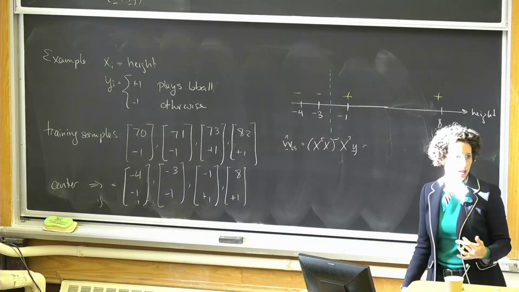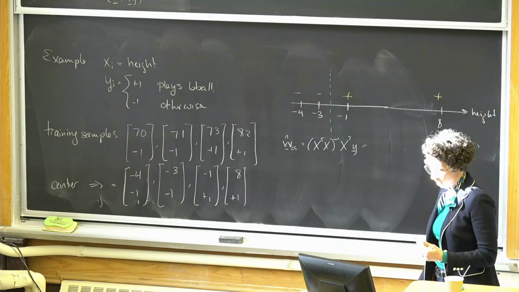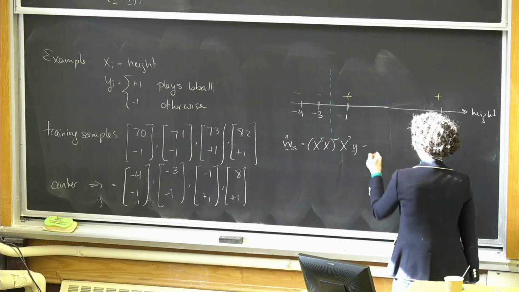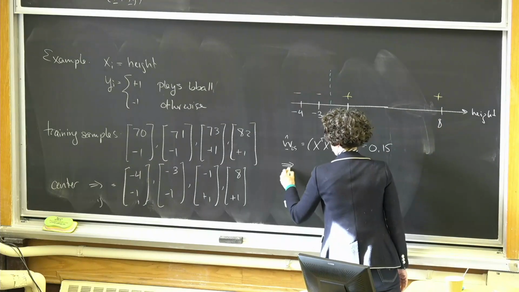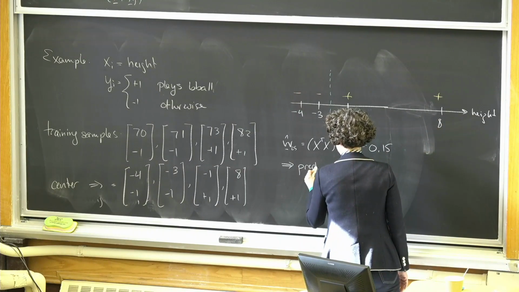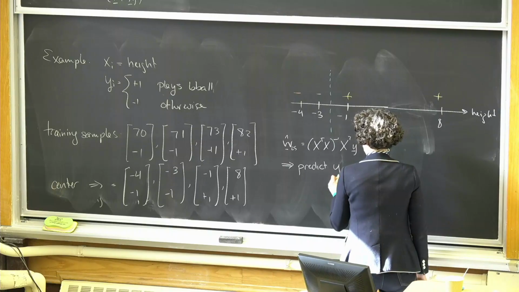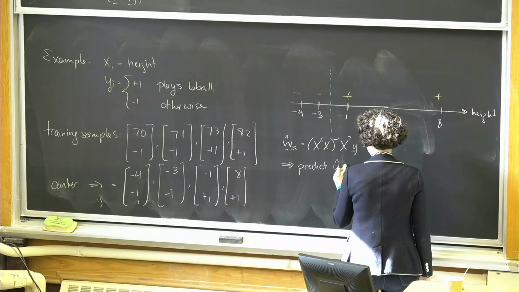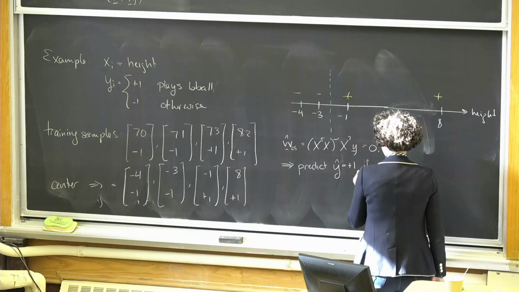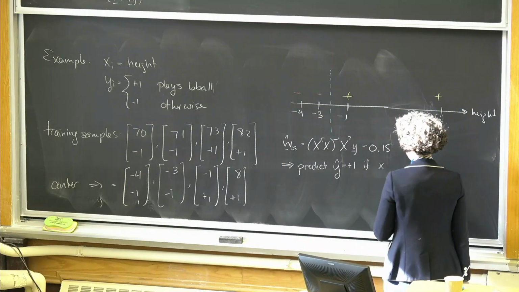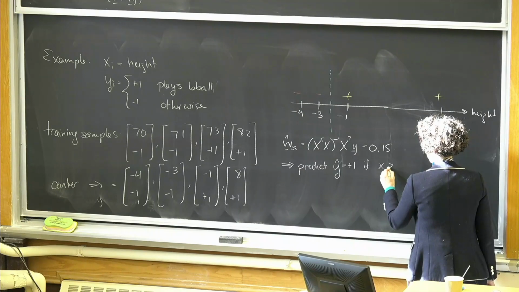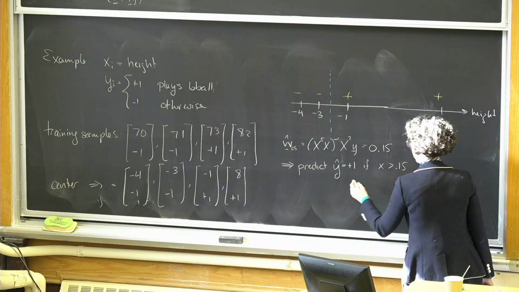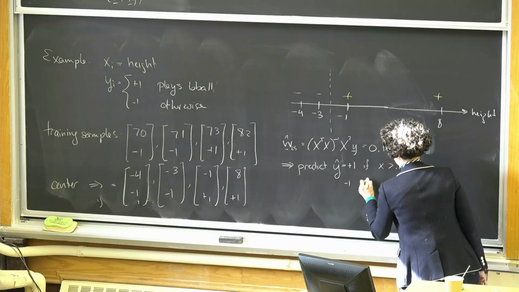If we plug in our training data for this example, what we get is 0.15. What that tells us is that our predicted label y hat should be +1 if the observed new test height, or distance from the mean, is greater than 0.15, and -1 otherwise.